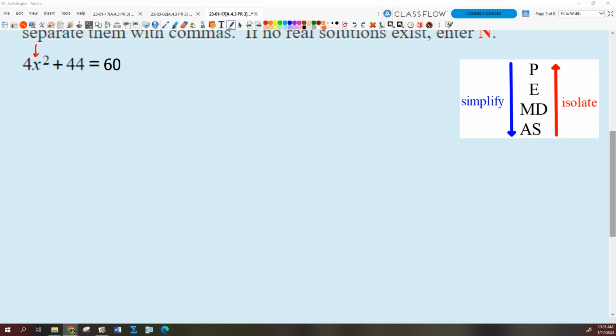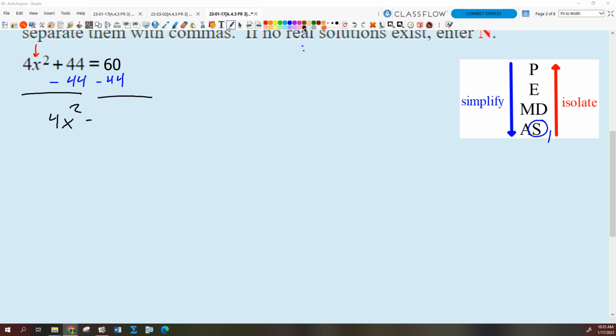What's my first step to isolate x there? Yeah, subtract 44. Look, it's telling me add or subtract. If I need to, I do. I need to subtract 44. So step 1 is subtract 44. Okay, good.